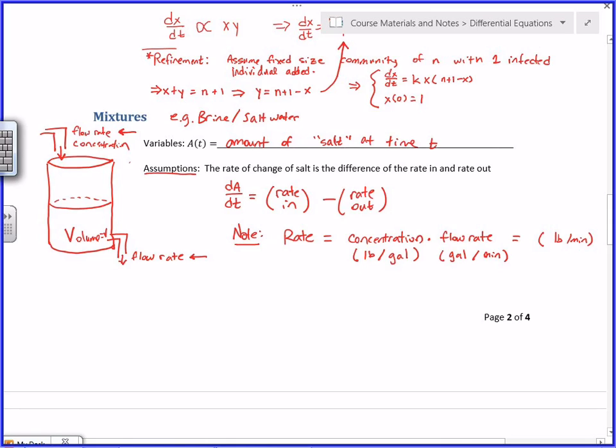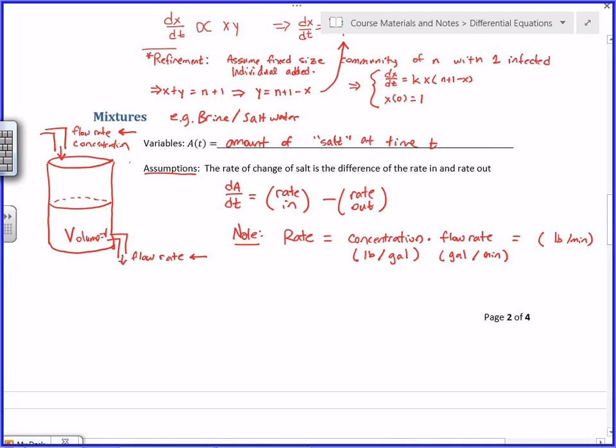But what you got to notice is whenever this thing comes in, another assumption that I didn't write here that we're going to have to make is we need to assume that this thing is thoroughly mixed at any given time t, which is a poor, non-realistic assumption, but it's necessary for us to be able to solve this simply.